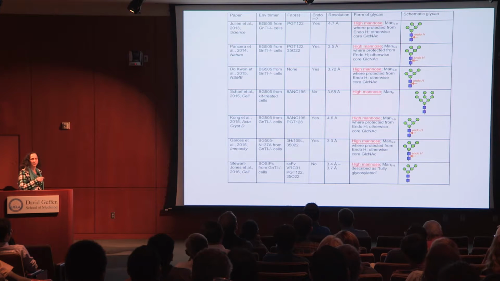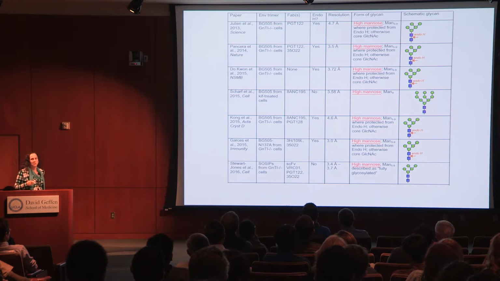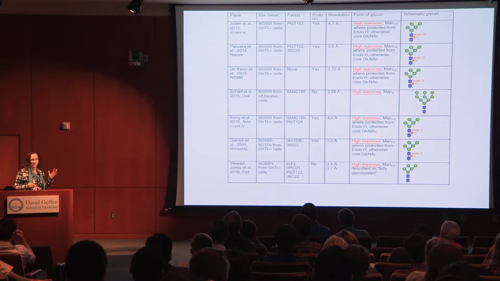We're not going to list all the gp120 monomers, but the first envelope trimer structure came out from Ian Wilson's lab in 2013, and then Peter Kwong's lab did a higher resolution version of it, and then various other things happened. All of these were produced in either GnTI cells or in cells treated with kifunensine, as I told you. Furthermore, each of these was complexed with antibodies and then treated with an enzyme, Endo H, which cleaves everything off except the first GlcNAc.